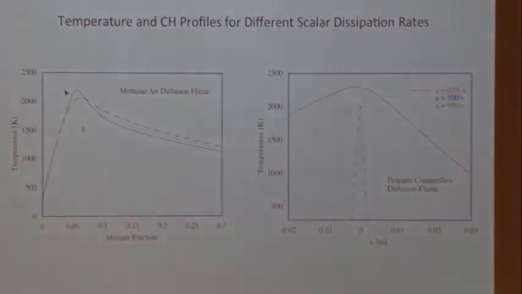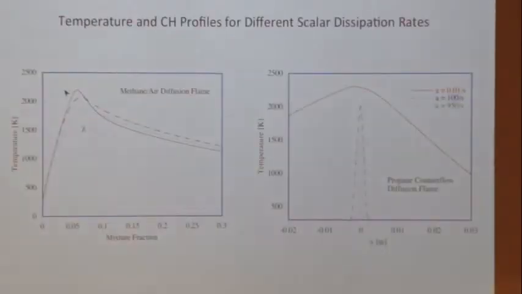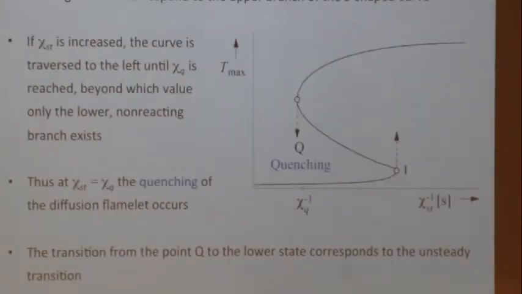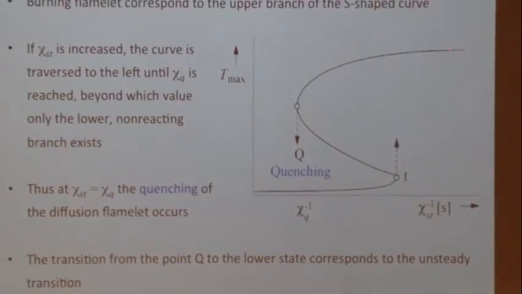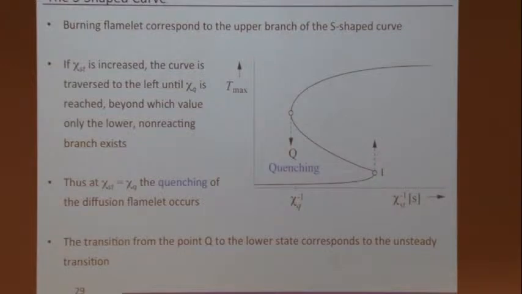Okay, so now we can solve these flamelet equations for different values of the dissipation rate, and then we can also look at the maximum or the stoichiometric temperature as a function of dissipation rate, and then you see you get this S-shaped curve.